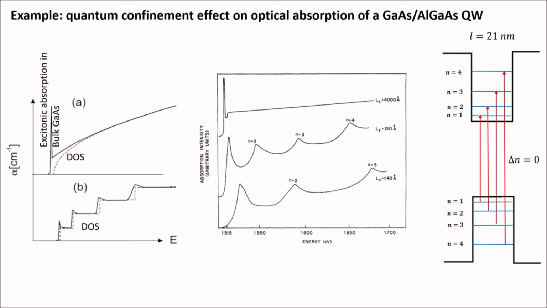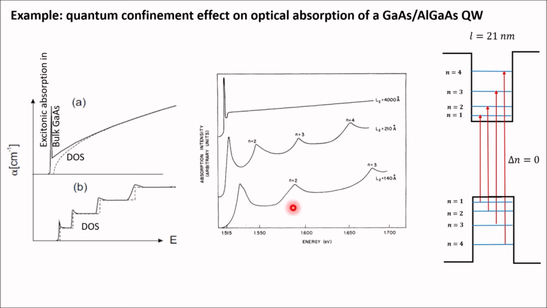For each subband, the sharp peak again corresponds to the excitonic transitions, again just at the subband edge. Here, transitions having subband index n equal to 4 can be seen. Hence, up to n equal to 4, the electronic energy states are bound states or quantized states.